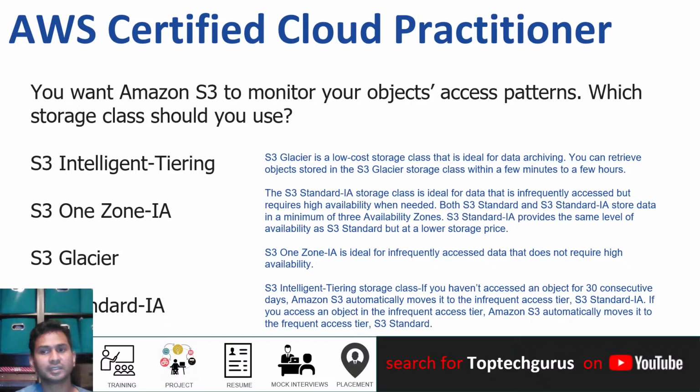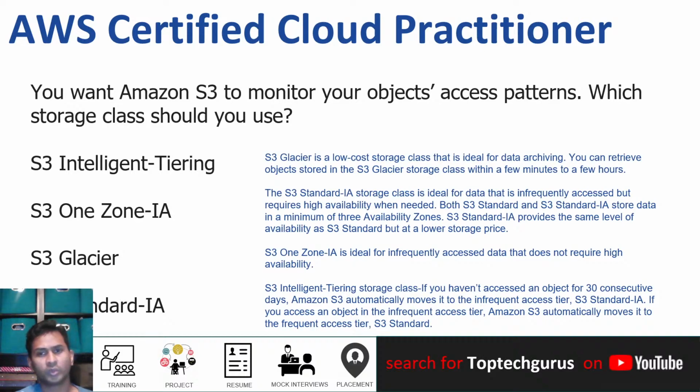And intelligent tiering is when you haven't accessed it for 30 days continuously. Amazon S3 moves it directly from standard to standard IA. And if it's in standard IA and then somebody accesses the data, then it automatically moves it back to S3 standard.